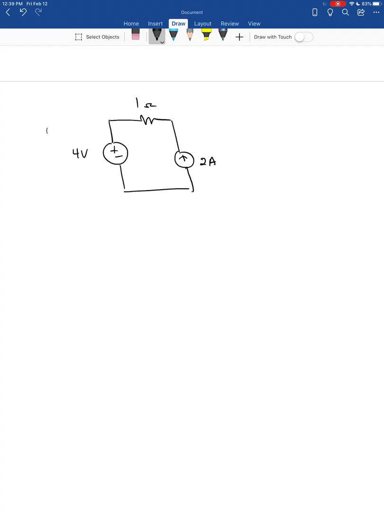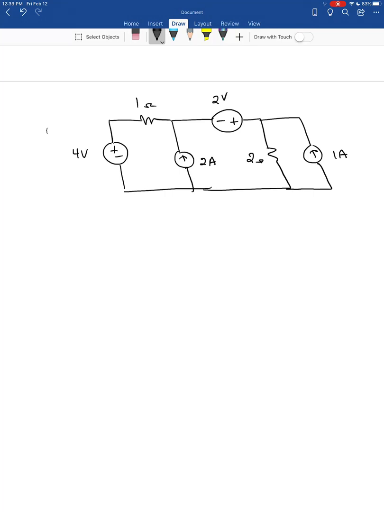We'll throw a current source in there just for good measure. Let's put another current source in there. Okay, so a different kind of circuit here.